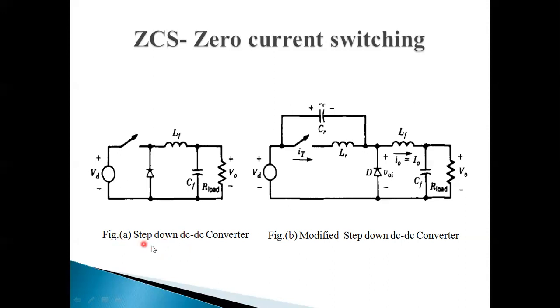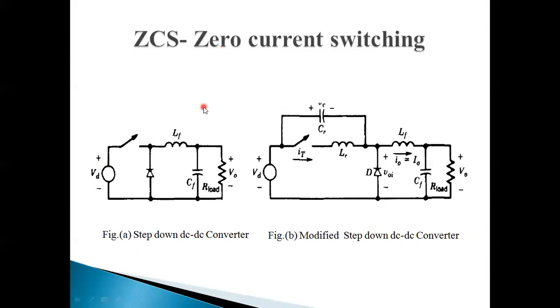From this configuration you will only get less than the input voltage. So if you give 100 volts here, you can get 90 volts, 70 volts, or whatever you want, based on your input voltage, through your step down DC to DC converter circuit. So this is the basic concept of the step down DC to DC converter, and also of zero current switching operation.